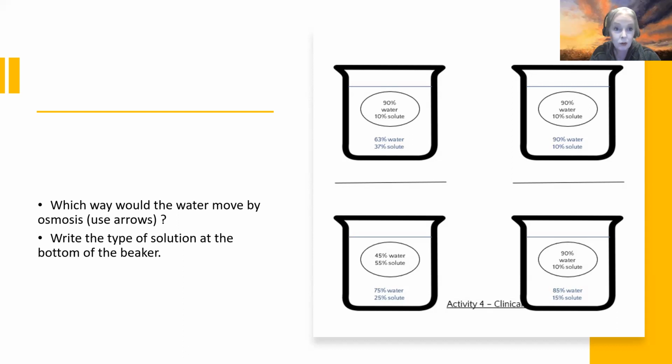Okay, so top left would be your hypertonic, right? 37% solute, yeah? And then we've got hypo over there. What do we have if we've got the bottom left-hand side? Which one's isotonic? Which one do you think is closest to normal blood? 75%.